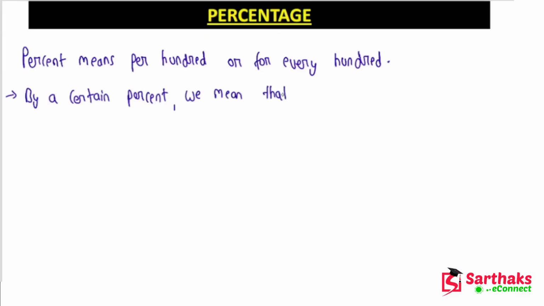Okay, so by a certain percent we mean that many. How many? Whatever is the percentage, we mean that many hundreds. This % means 1 upon 100. Okay, let me write it here, that % is equal to 1 upon 100. So suppose you got 78%, that basically means you got 78 into 1 upon 100, that is 78 out of 100.